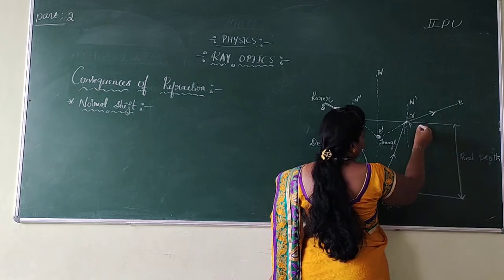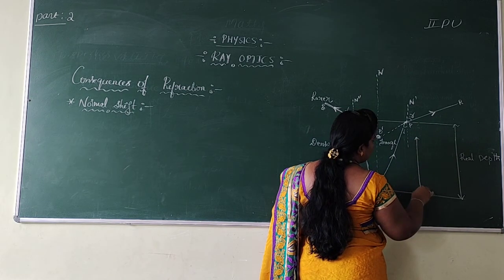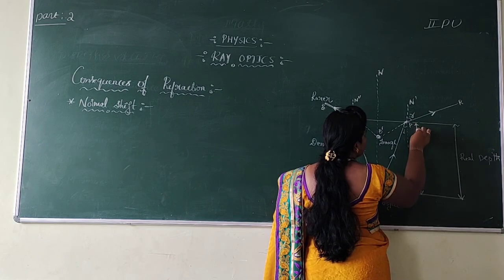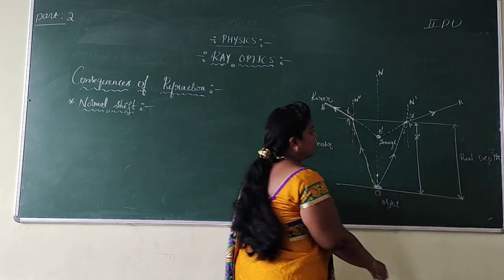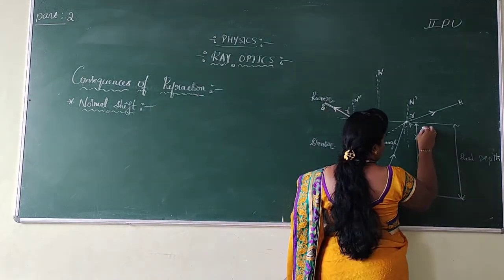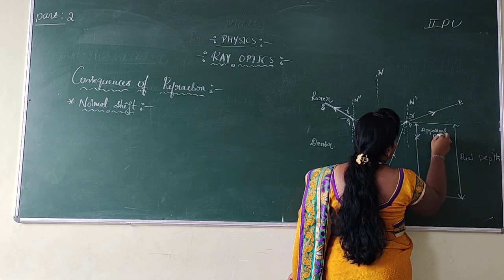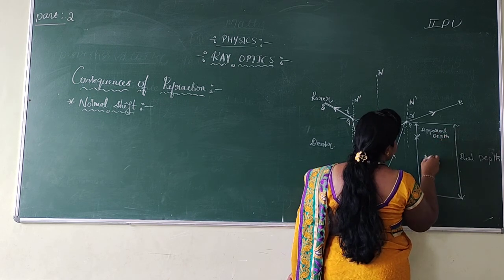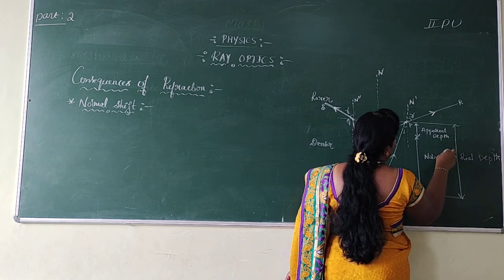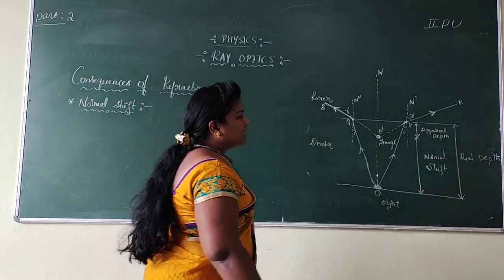Now here, the distance between the image and the refracting surface is said to be the apparent depth, and this is said to be the normal shift. So let us define it once again.